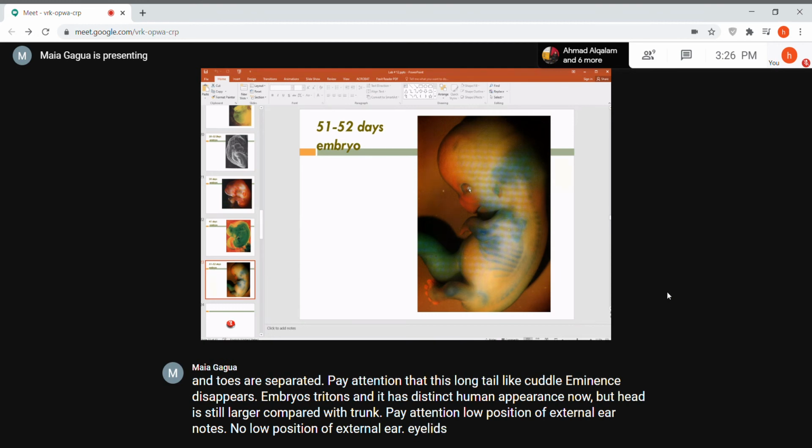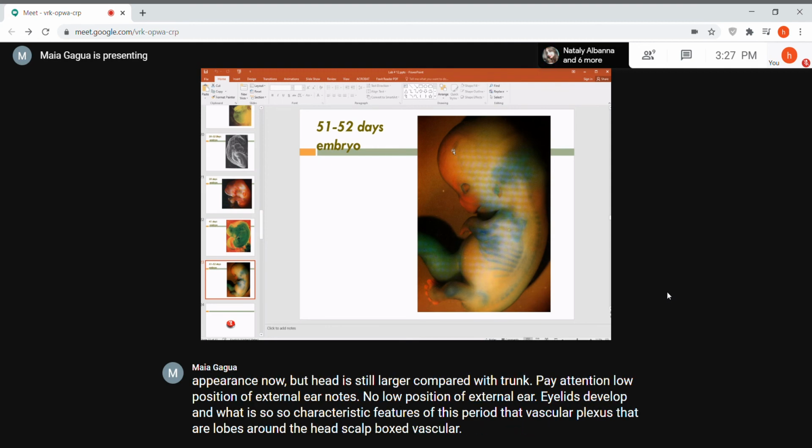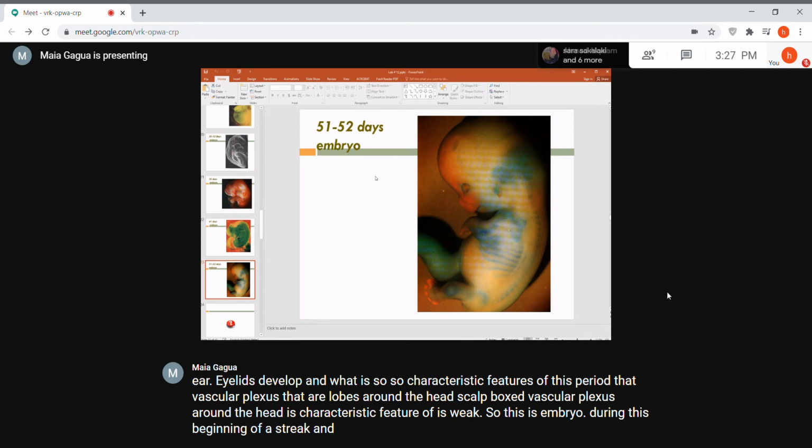Eyelids develop, and what is also a characteristic feature of this period is that vascular plexus develops around the head. Scalp vascular plexus around the head is a characteristic feature of eighth week. So this is an embryo at the beginning of eighth week, and by the end of the eighth week, day 56, it has distinct human appearance.